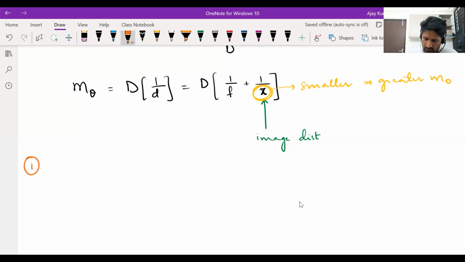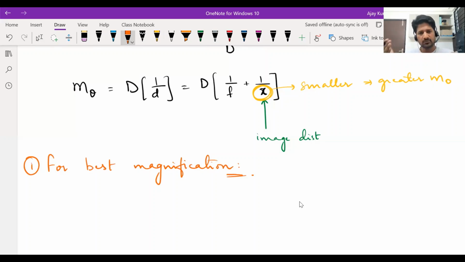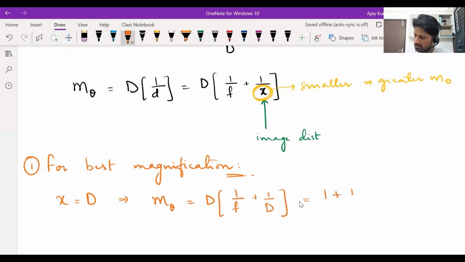So first case, for best magnification, x must be the least, because x is in the denominator. Smaller the denominator, greater the value. So for best magnification, x should be equal to capital D. Means you should allow the image to form at the near point distance. Now if x is capital D, then the magnification becomes D into 1 by f plus 1 by capital D. You send the capital D inside, it becomes 1 plus D by f. Is this clear?